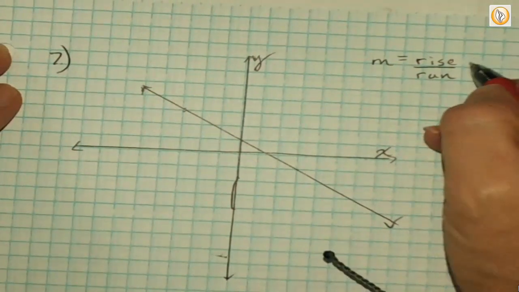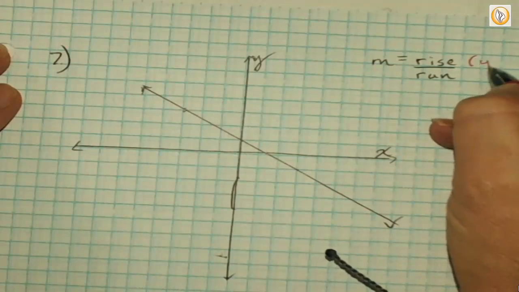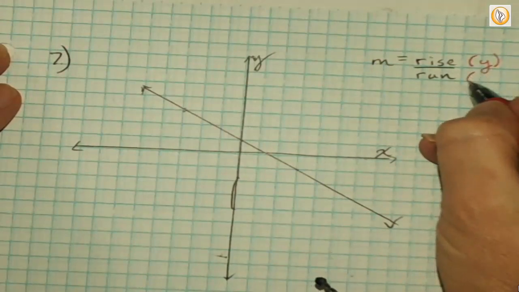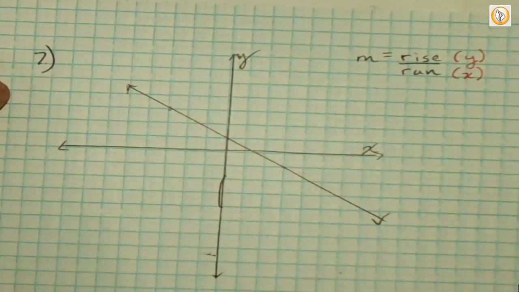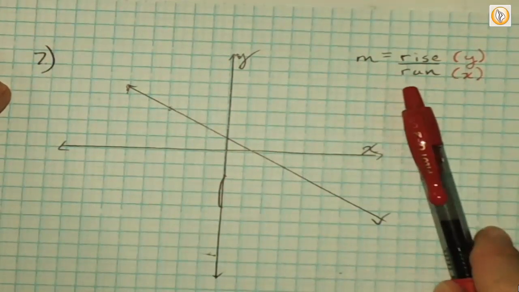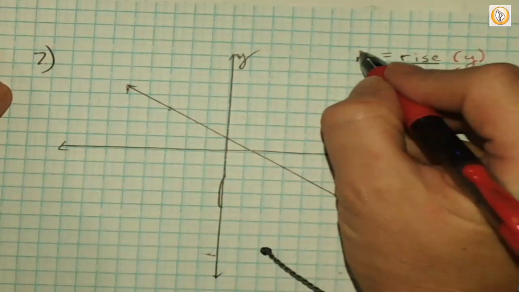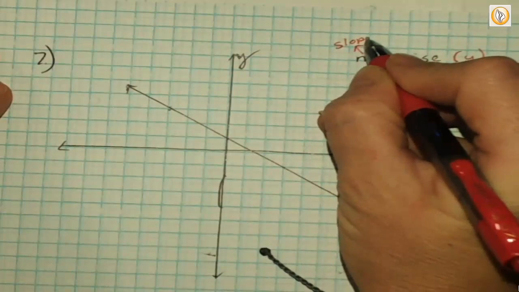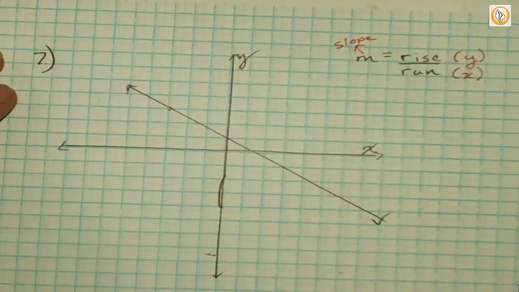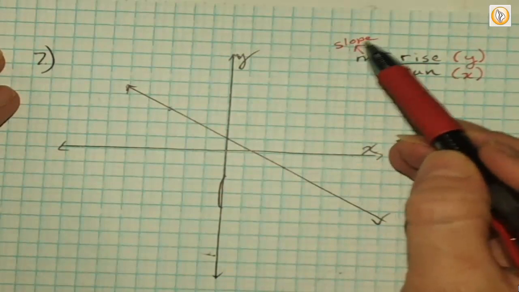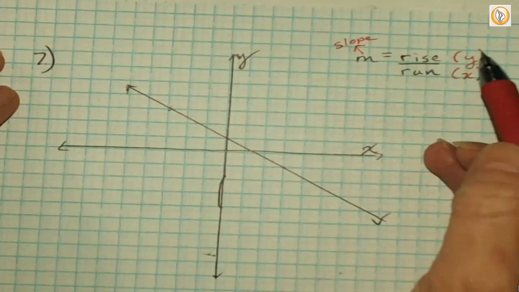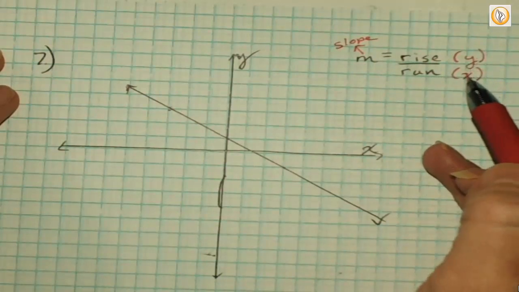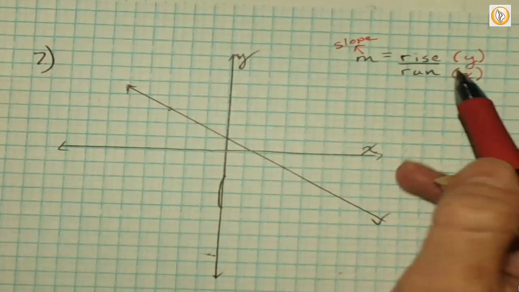The rise is your Y. Your run is your X. You need to write this down. That's your formula to find the slope. M means slope. Your formula is rise over run. Your rise is your Y, your run is your X.